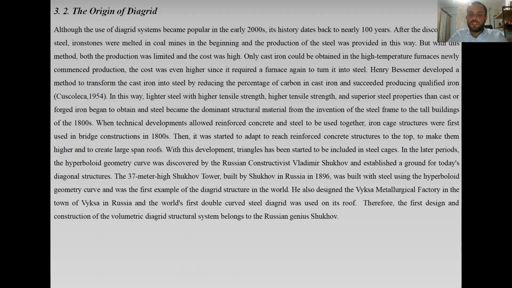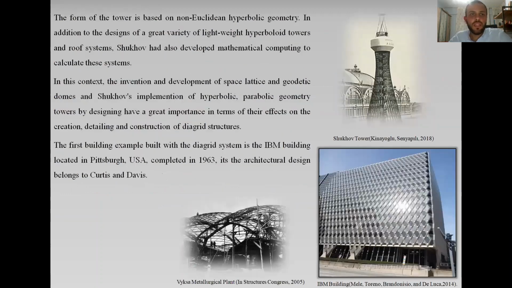Therefore, the first design and construction of the volumetric diagonal structural system belongs to the Russian genius Shukov. The form of the tower is based on non-Euclidean hyperbolic geometry, in addition to his designs of a great variety of lightweight hyperbolic towers and roof systems.